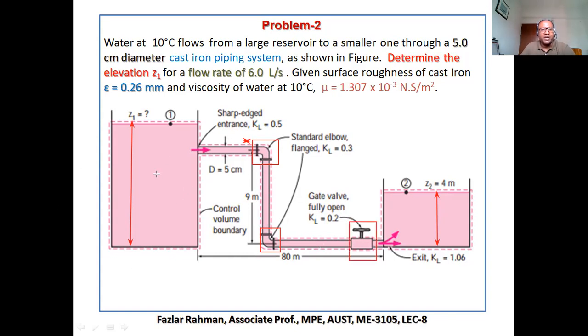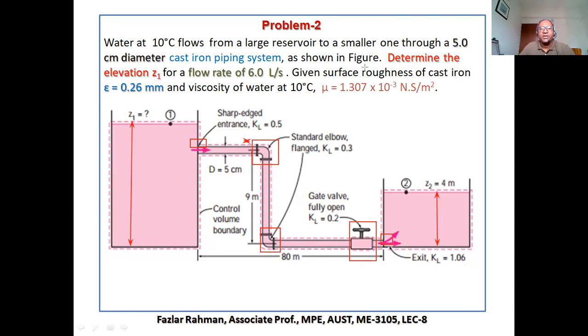And what happens over here? From the bigger tank, fluid is entering a smaller pipe, so there will be some loss over here. And look at the right side, fluid is entering from the pipe into a bigger tank, so there will be some loss over here. Now, how much loss are you getting?